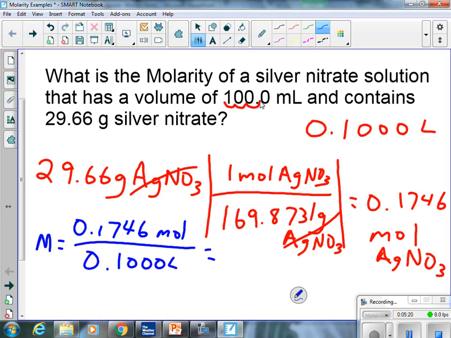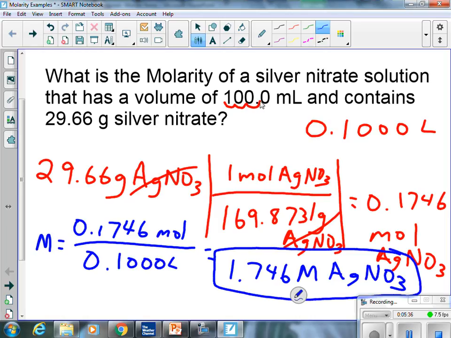I got 4 sig figs here. So I'm going to get 1.746 molar AgNO3. In the blue there is my answer. This is very similar to the example we worked yesterday.